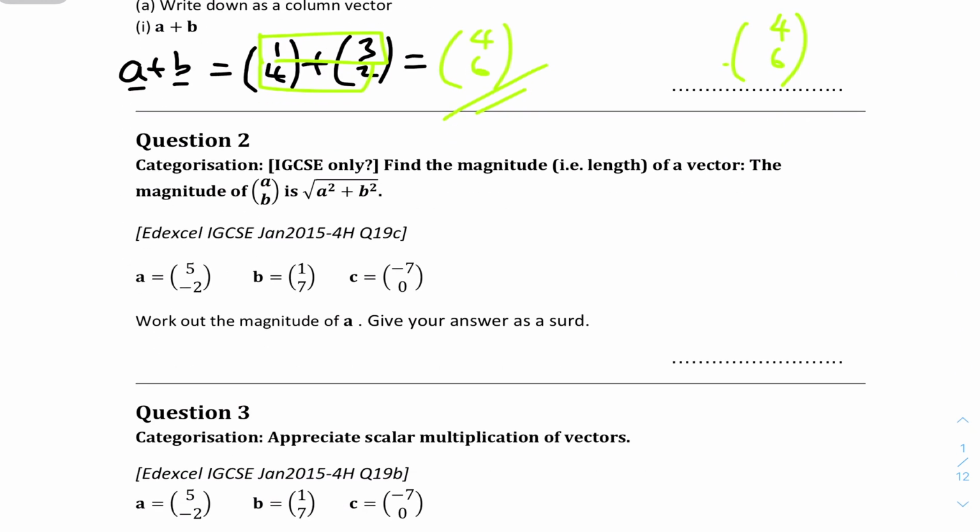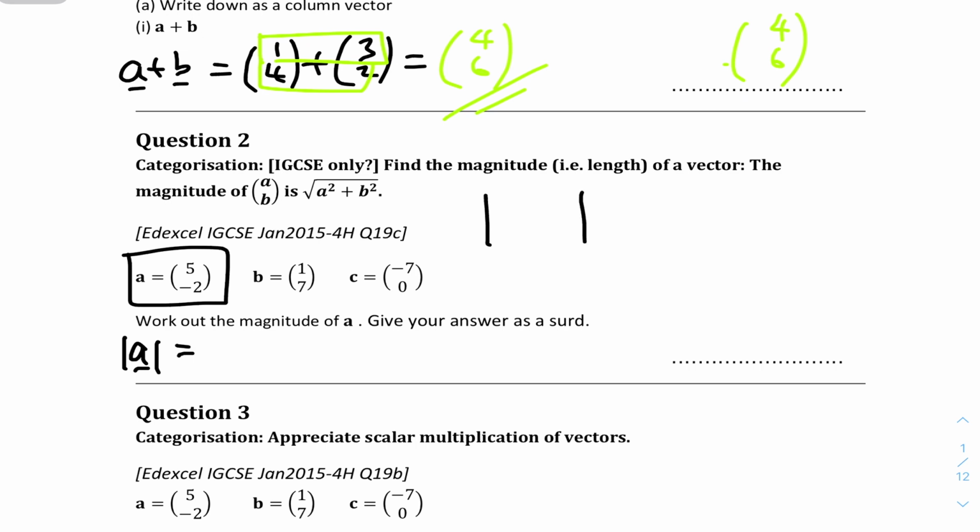Question 2, work out the magnitude of A and give your answer as a surd. So here we have A, and the symbol that denotes the magnitude is the modulus symbol, like so. Basically two straight vertical lines.